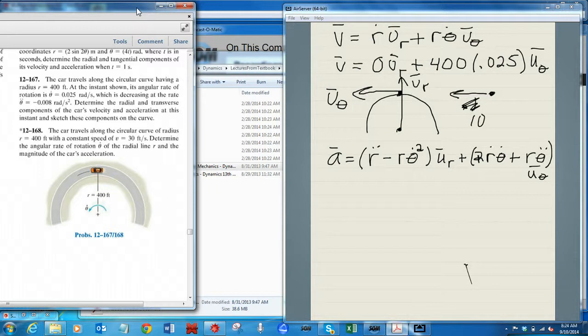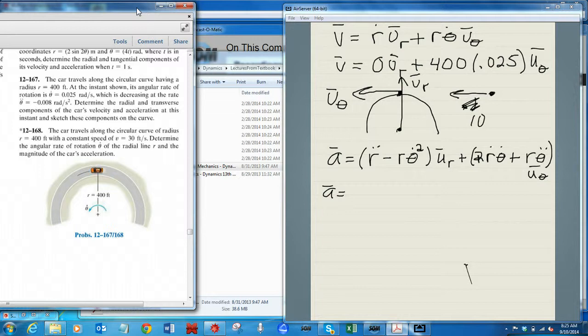U theta. Okay. I'm going to see if we plug into this. Acceleration equals 0, right? R is constant. R dot is the derivative of a constant, 0, 0, 0 forever.